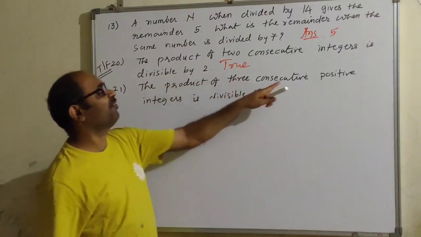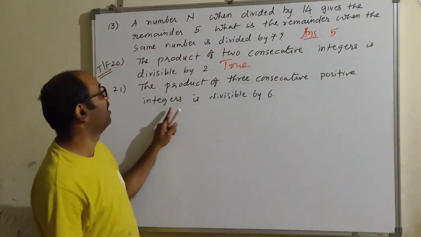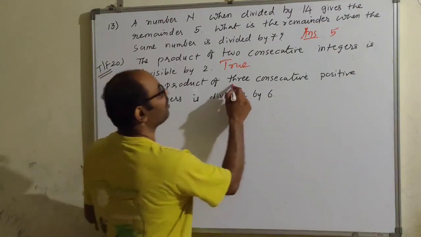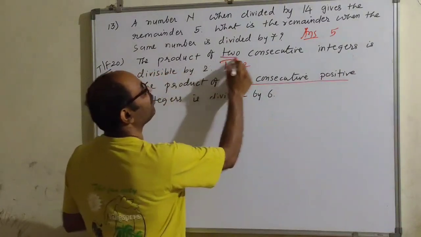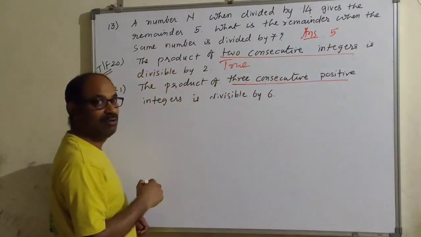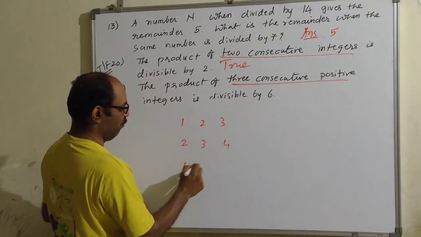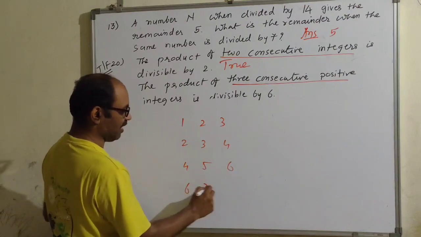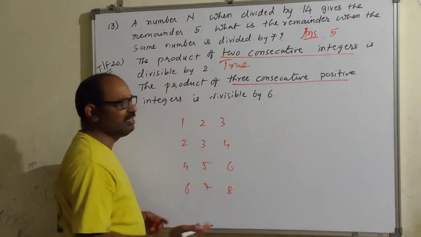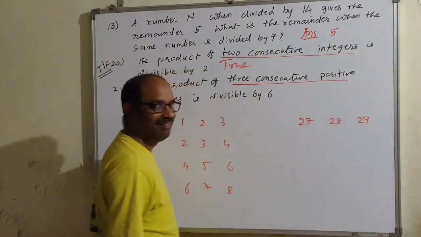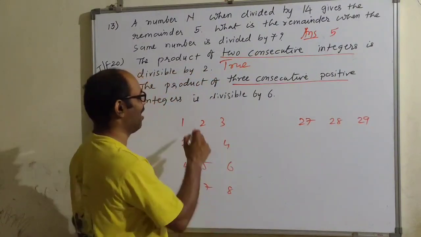The product of 3 consecutive positive integers is divisible by 6. This time 3 consecutive. Earlier you had 2 consecutive integers; here you have 3. So 1, 2 and 3; 2, 3 and 4; 4, 5 and 6; 6, 7 and 8. You can choose any, children. 27, 28 and 29. Don't ask me to find that product.